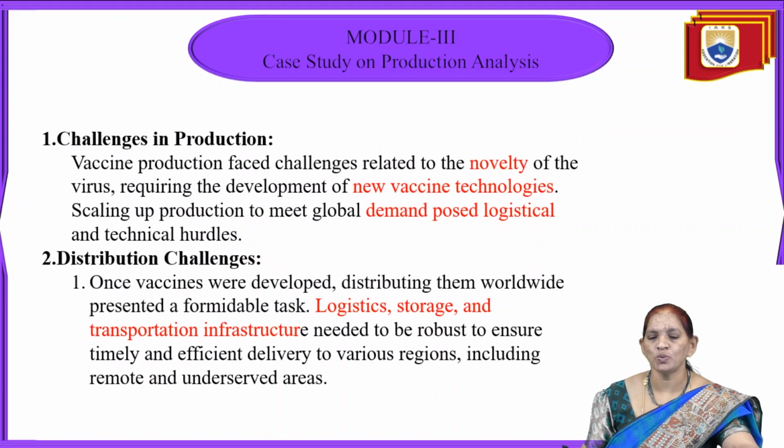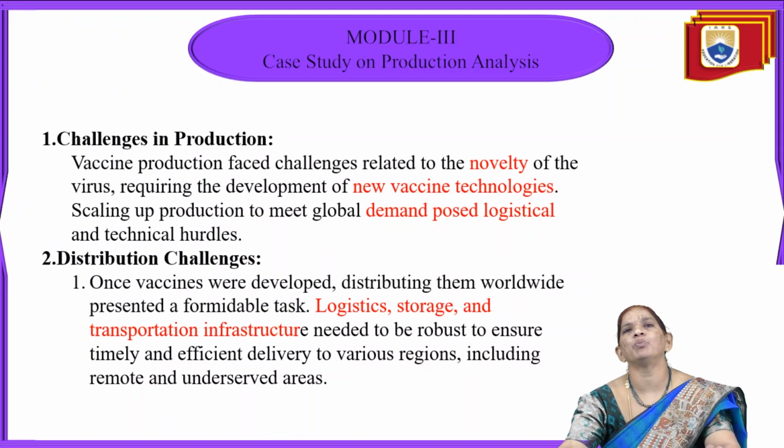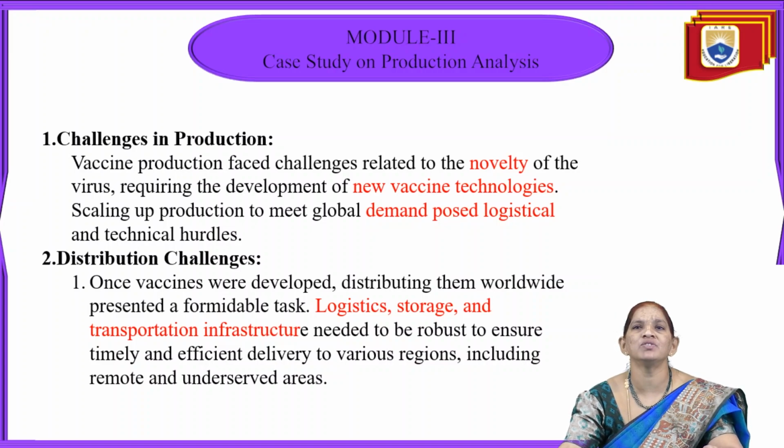First we come to the challenges in production. COVID vaccine production faced a lot of challenges relating to the novelty of the virus and the need to develop new vaccine technologies. It was the first time this was being exploited throughout the world.